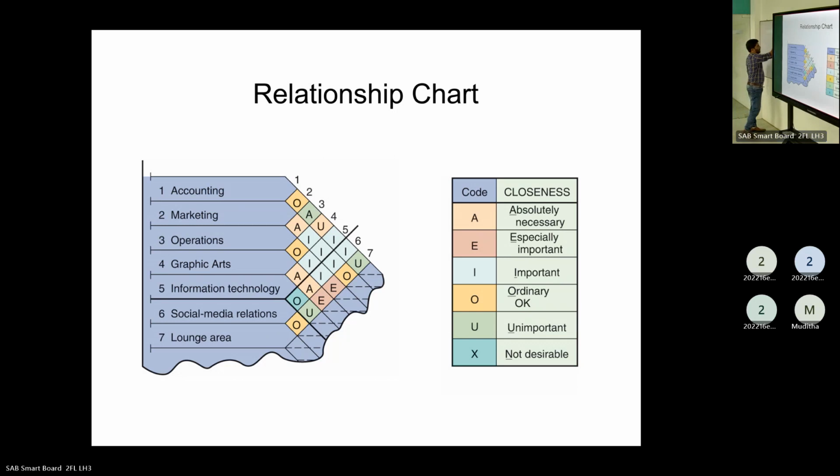Let's say 40 and 60, and the available locations are like this. So if you are to assign these 7 departments using the location preferences summarized here, how can you do that?